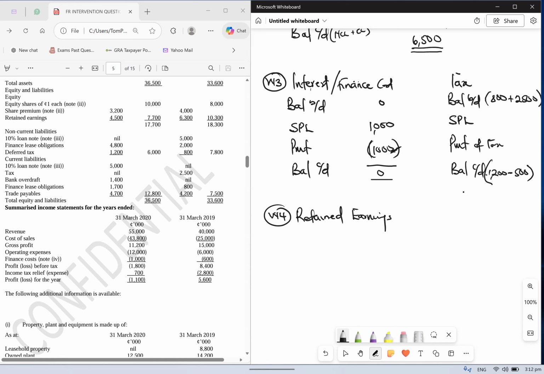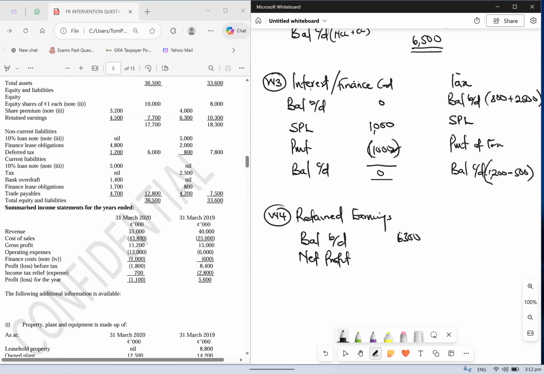But retained earnings reduces when you pay dividends. Dividend is paid out of retained earnings. So let's see, what was our balance brought down for retained earnings? Balance brought down retained earnings, 6,300. It will increase by our net profit, like we learned in publication.